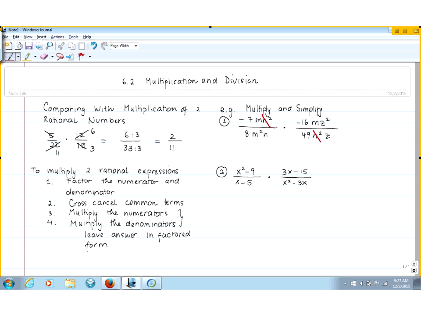The m. So how many m's do I have on top? 2. So this m, this m, this m, m squared. Good. What else? Well, negative times negative will be, what is it? Negative times negative will be positive. Yes. How about numbers? And the v?